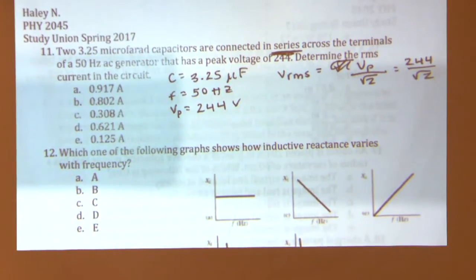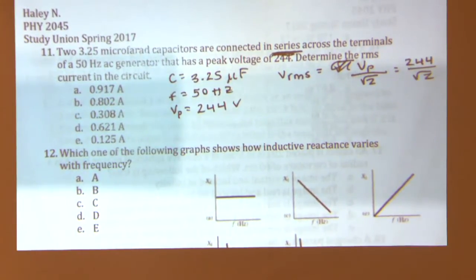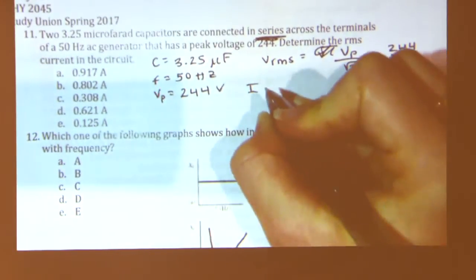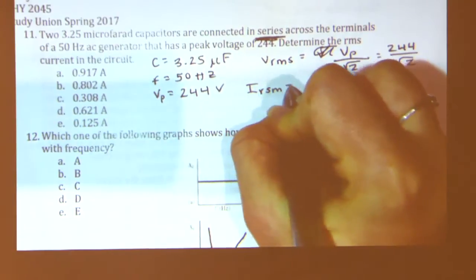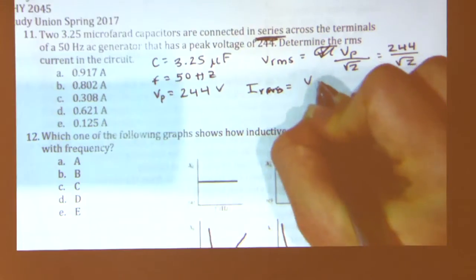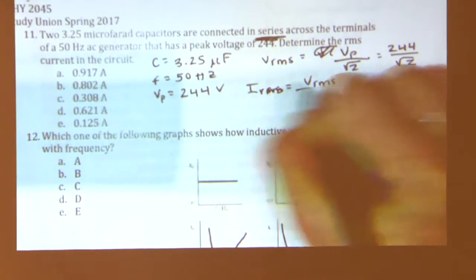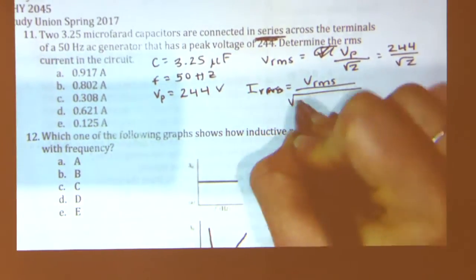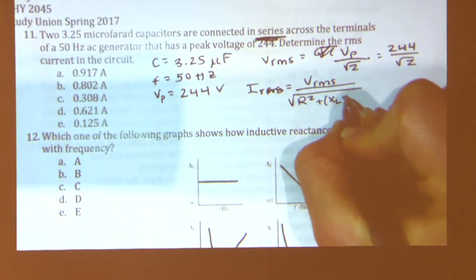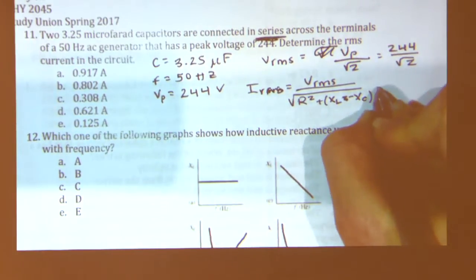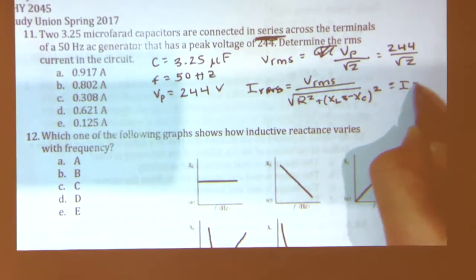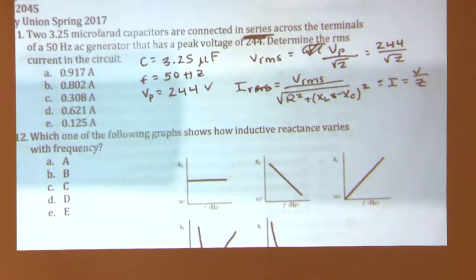But if you continue, this is a chapter 23 question. There's an equation from chapter 23 that IRMS is equal to VRMS over the square root of R squared plus XL minus XC squared. Basically this whole thing is just I equals V over Z, a derivation of Ohm's law.